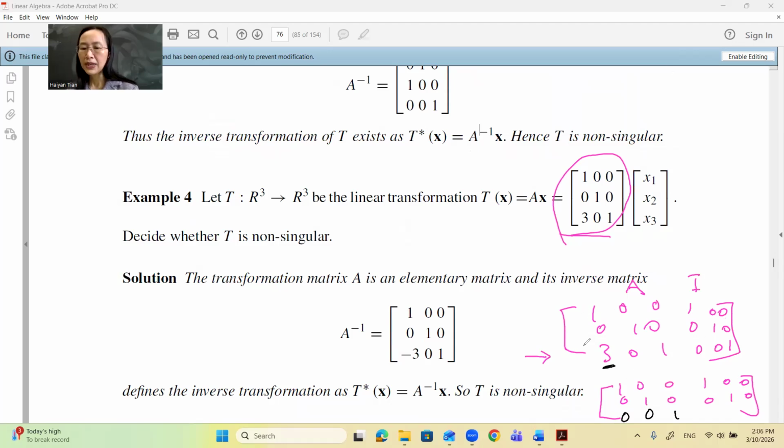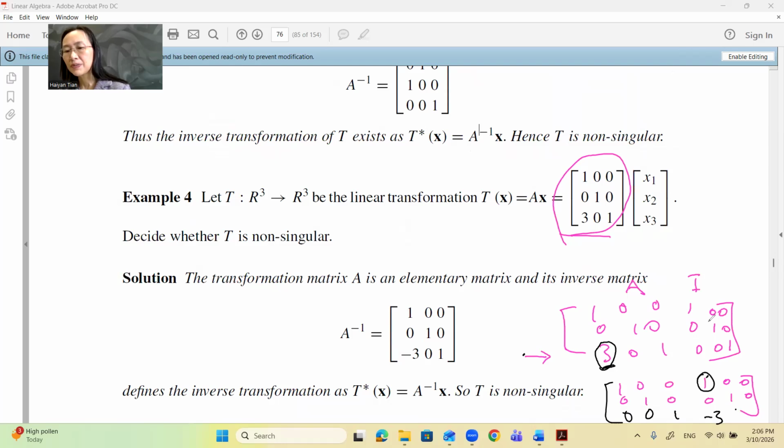This becomes -3, because the first row times -3 is being added to the third row.